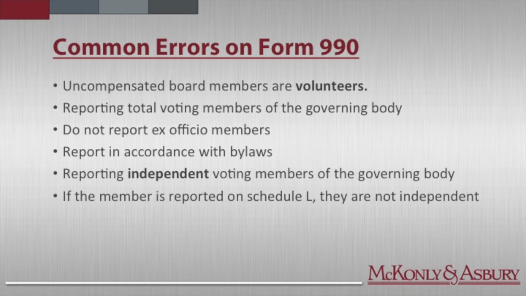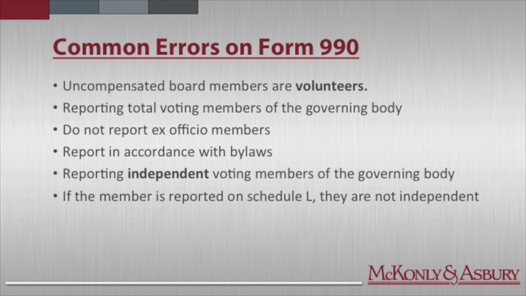I wanted to talk a little bit about some other common errors on Form 990. Each year, the IRS will put out some examples of things, as well as other bodies out there, the AICPA, et cetera, of common errors that happen on the Form 990. First thing, uncompensated board members are considered volunteers.